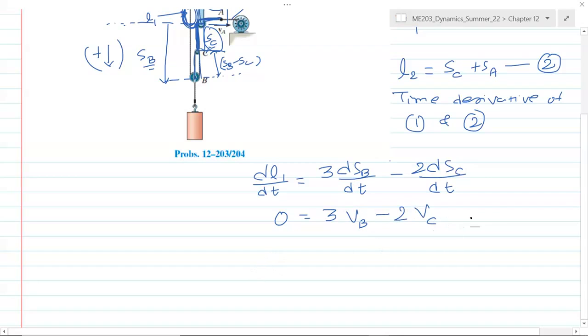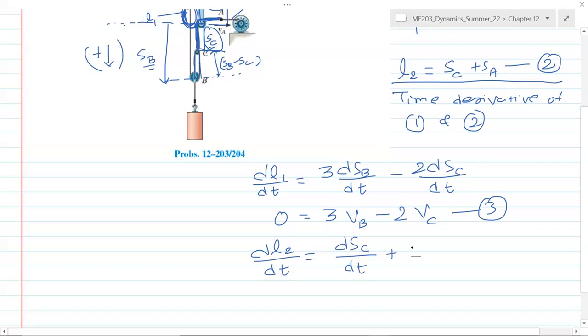So this is equation number 3, and taking the derivative of second equation, dL2 by dt equal to dsC by dt plus dSA by dt, and this is also 0. Total length does not change, so this is VC plus VA, and that's equation number 4.